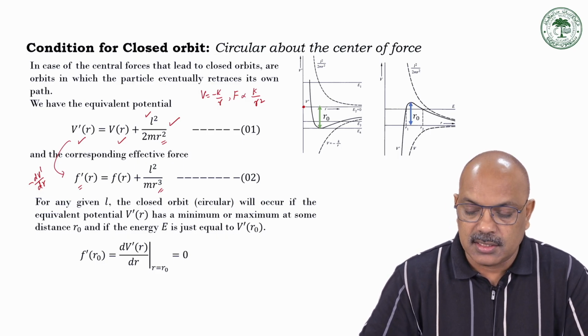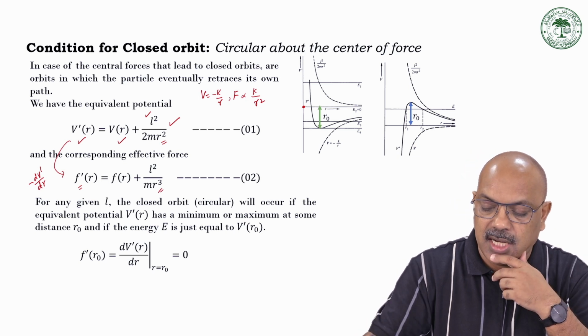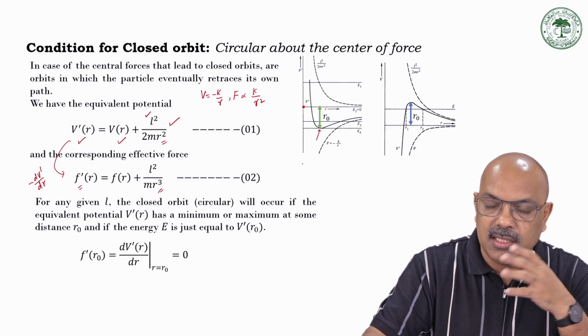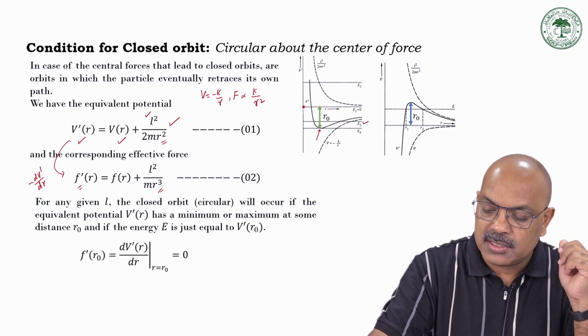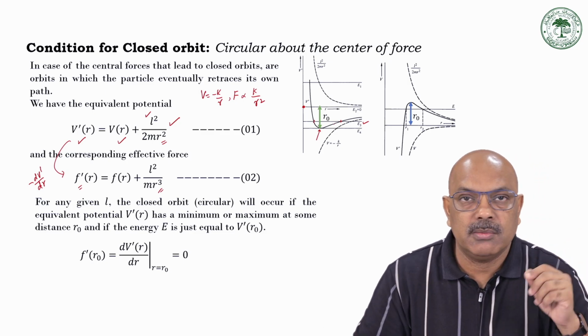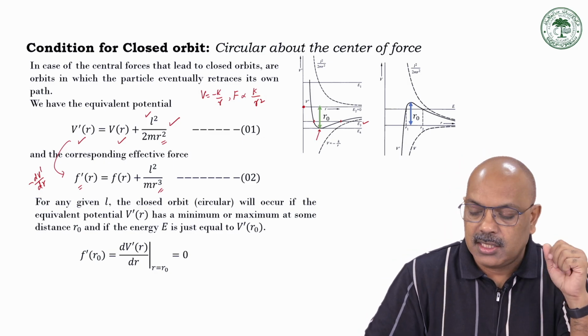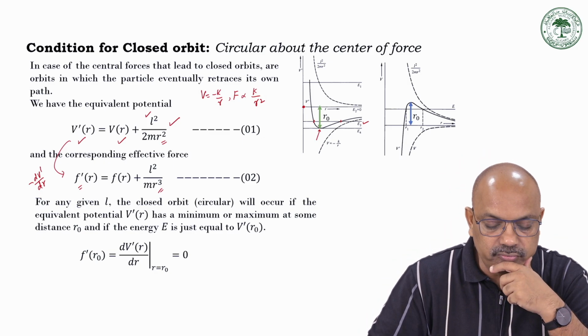a closed orbit. You have seen that a closed orbit occurs at the minima position, and for energy E3 there are two turning points, R1 and R2, that is r min and r max. Within this region the particle can have bound as well as unbound motion.